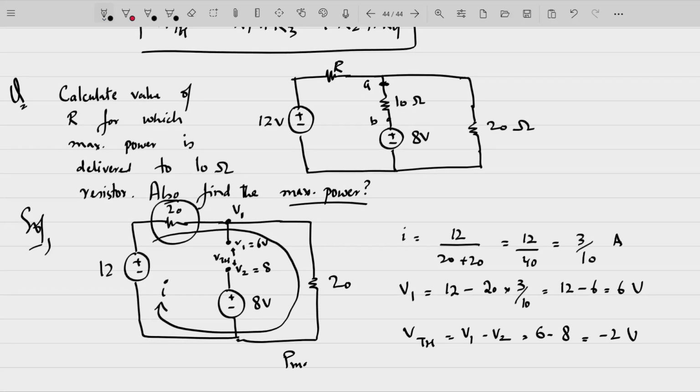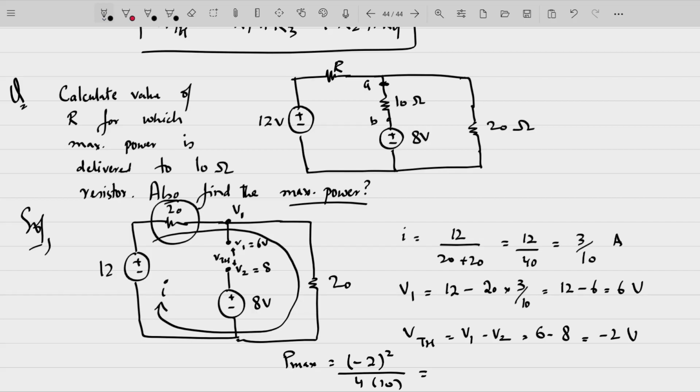P max is VTH square by 4 RTH. RTH here is already 10.